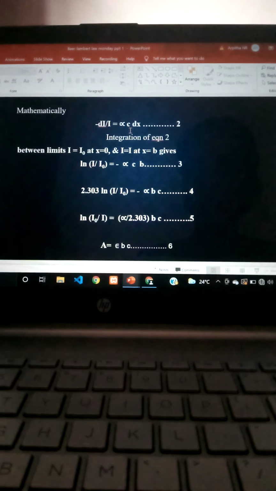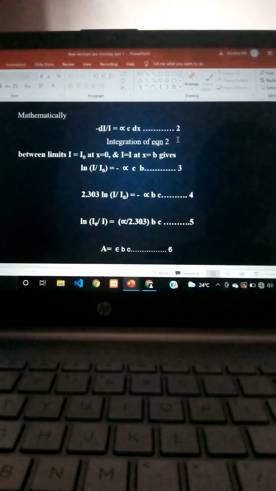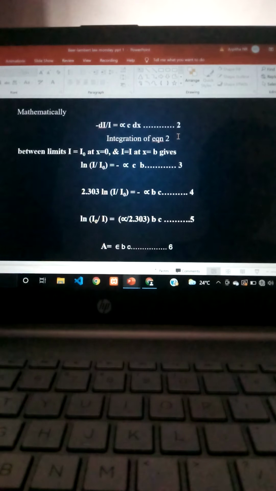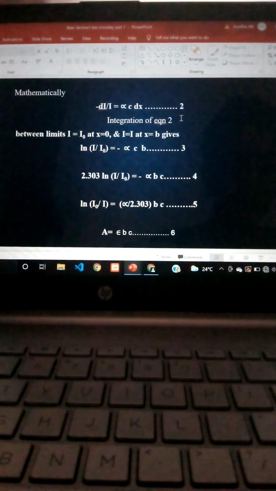On integrating equation 2, you have to take the limits as case 1, I is equal to I0 at x is equal to 0, and case 2, I is equal to I at x is equal to b.